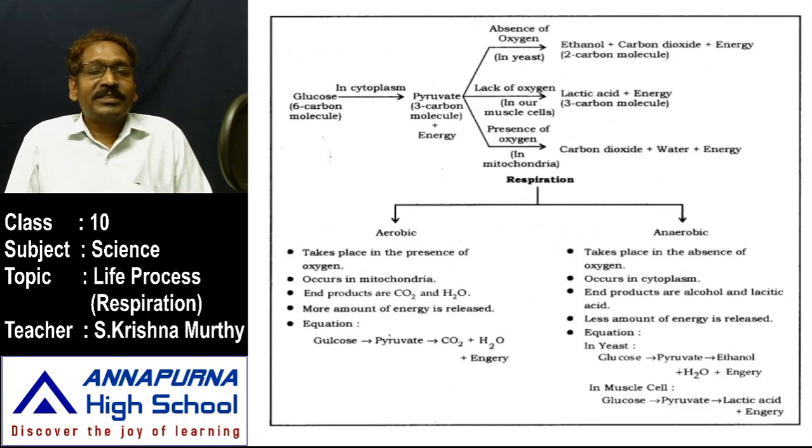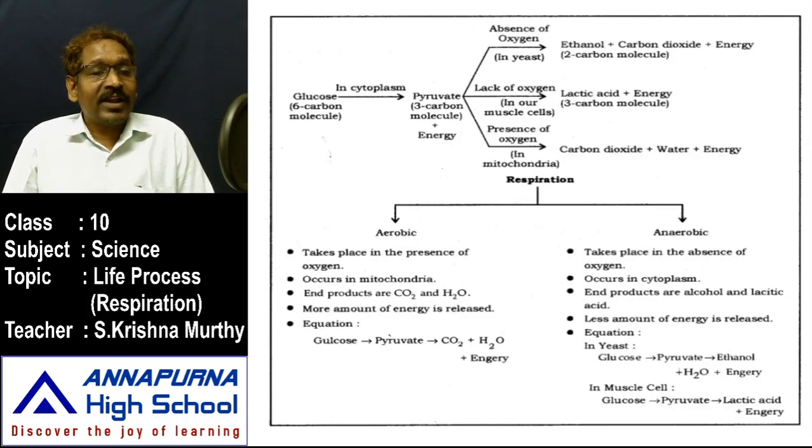When we observe this, it indicates what happens in the cell in the presence of oxygen, and in the lack or absence of oxygen. Look at that. The cell has glucose. While inhaling, oxygen and carbon dioxide are separated in the lung, and the blood can receive only oxygen, and the received oxygen is sent to each and every cell.